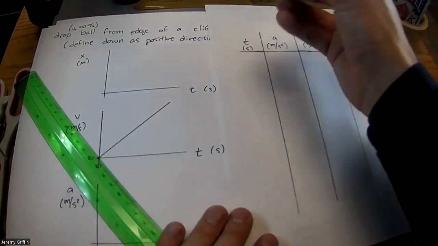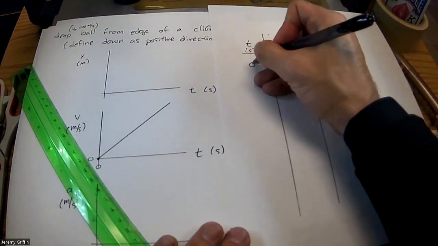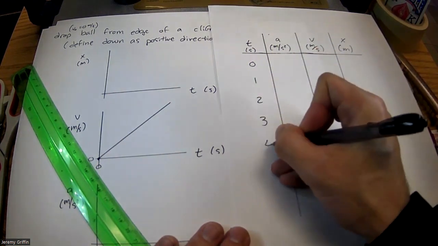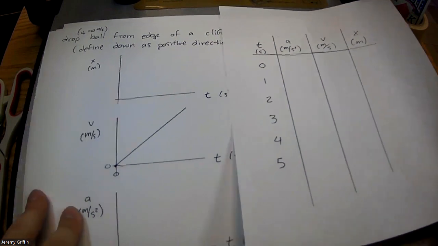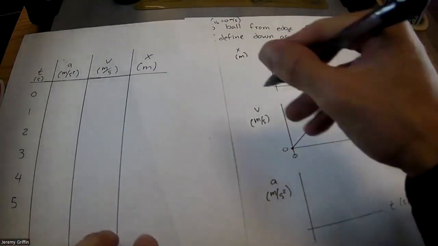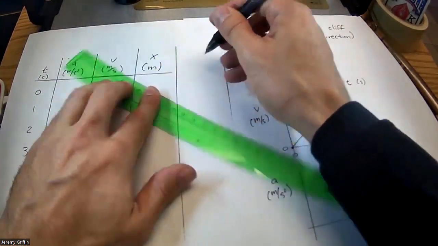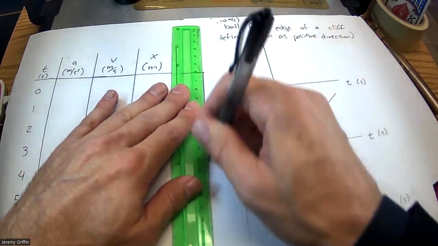Okay, so let's let the ball fall 0, 1, 2, 3, 4, 5 seconds. And let's say after 5 seconds, it's about to crash into the ground. I was going to draw you a picture too, because I want you guys to see what this looks like. Here's my cliff.